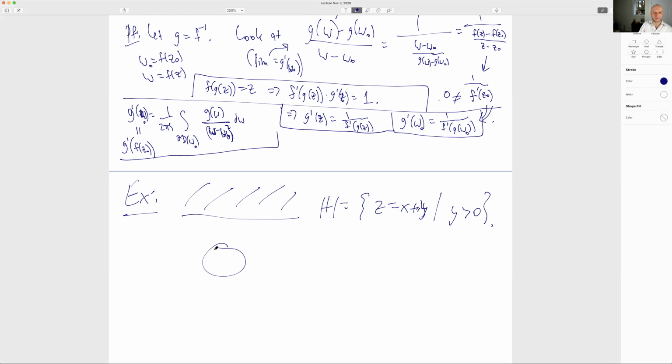Here's another region, the disk, the set of z with absolute value of z at most 1. Now this is non-compact, whereas this is compact. So there's no way there's a conformal map between the two.